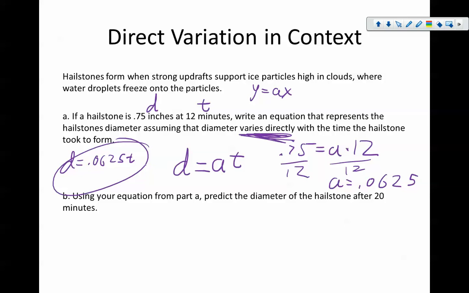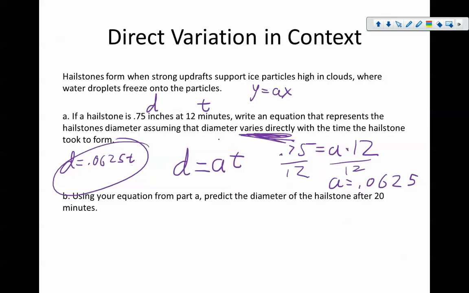Notice what this says. It says that every time 1 minute goes by, the diameter increases by 0.0625 inches. So 1 minute goes by and it goes up 0.0625 of an inch, which is a small amount, but over time, at 12 minutes it's 0.75, so it does get larger and larger.